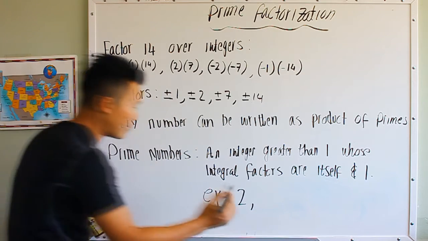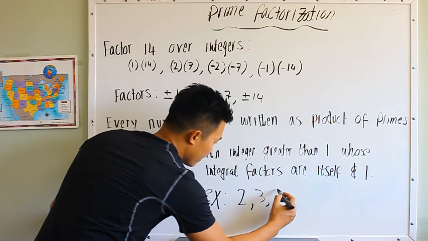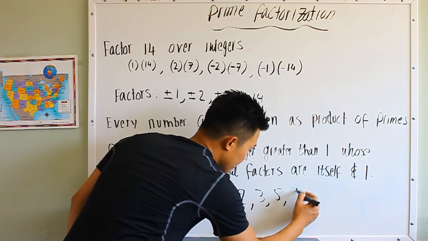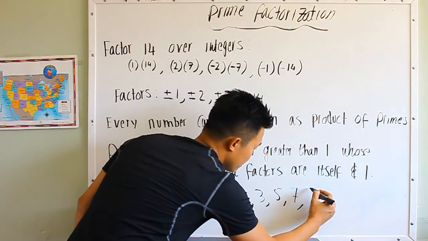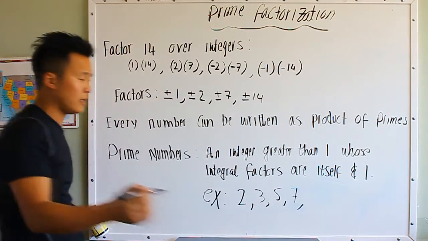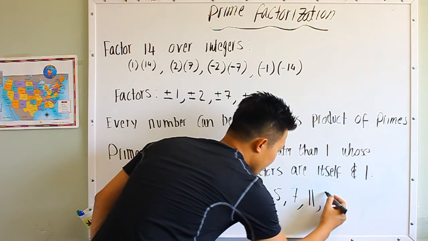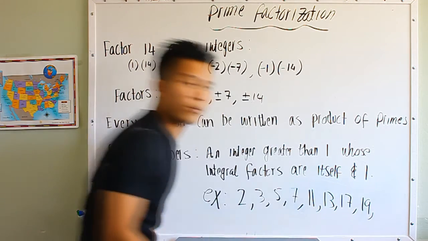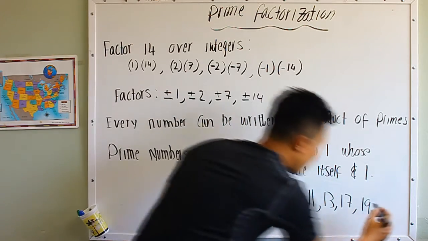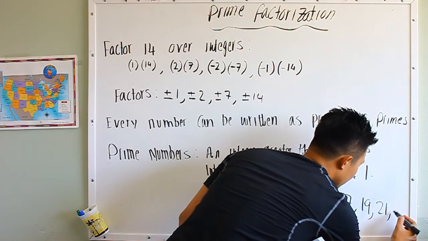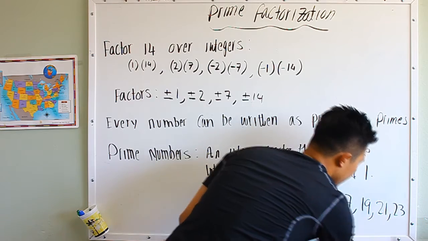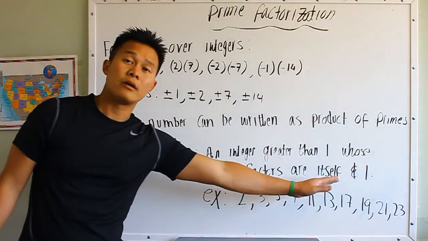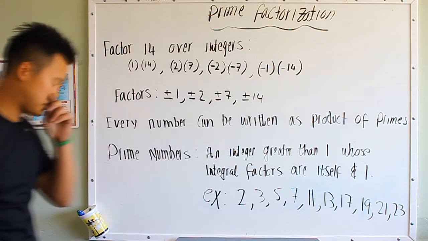Other prime numbers: 3, 5, is 7 a prime number? Yes, 7. 9 is not a prime number because 9 is divisible by 3. So 11, 13, 17, 19. What about 21? Good, 21 is a prime number. And 23, and so on and so forth. So there are an infinite number of prime numbers.